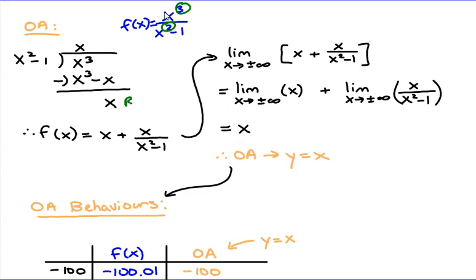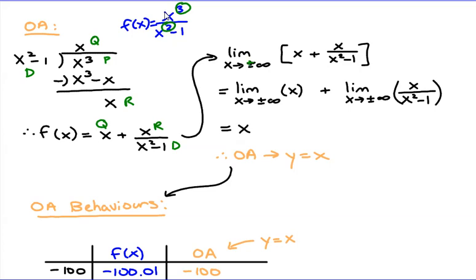I got a remainder. This was my quotient, and this is my divisor, and that's my polynomial. So putting that into the function where I have my quotient plus my remainder over my divisor, I can then do the limits because I want to test from negative and positive infinity the behaviors of the oblique asymptote.